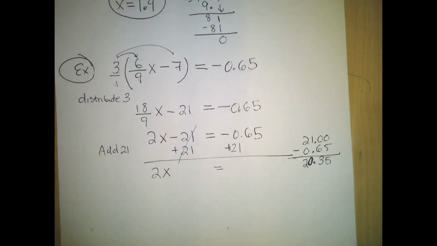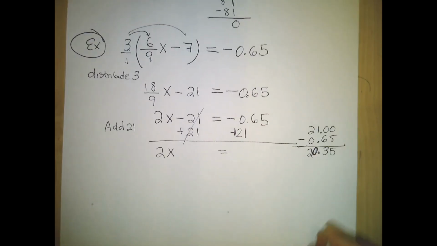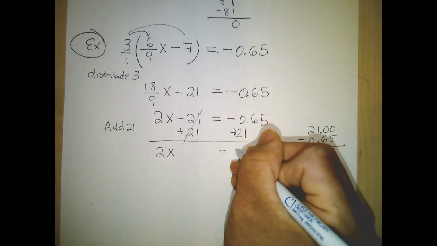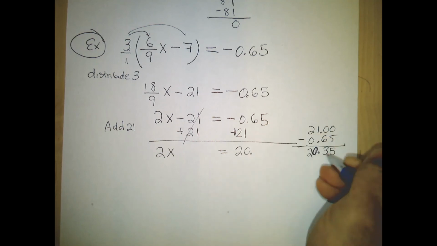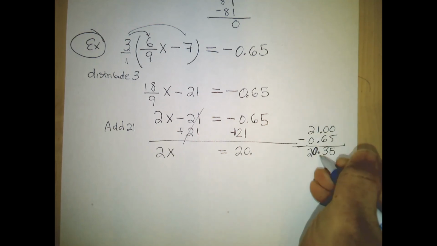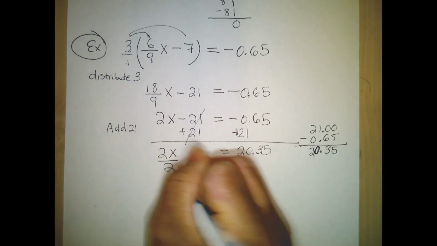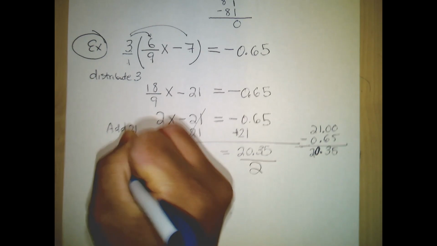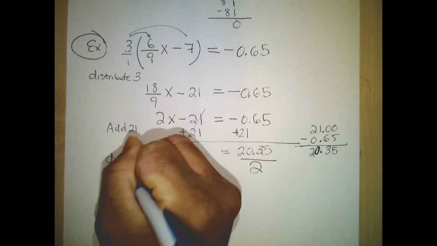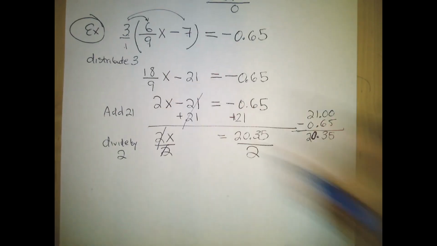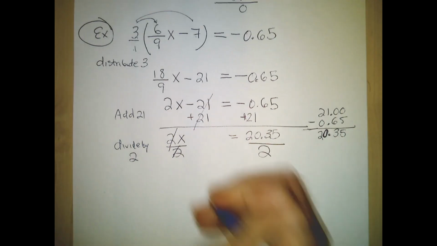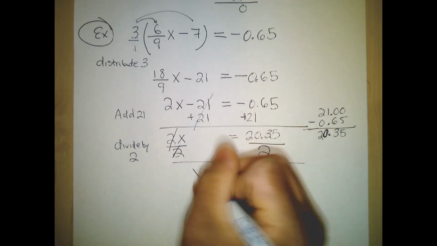All right. So now that's 2,035. So if we line up the decimal points, we get 20.35. Now we divide by 2. So divide by 2. So the 2's divide out. So 2 divided by 2 is 1. So this is just 1x or x.